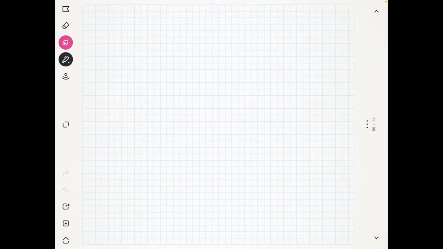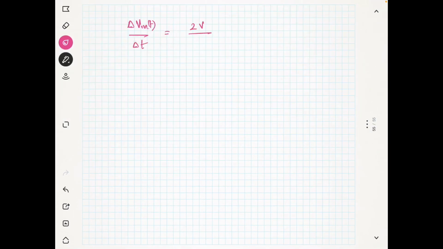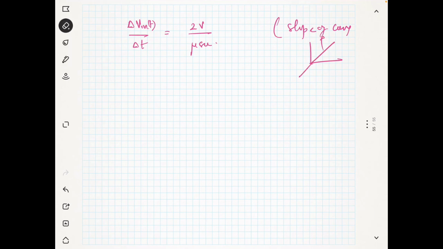Okay, now I will get delta V in of t by delta t is equal to 10 by 5, which is 2 volt per microsecond. So this is the slope. Actually this is basically the slope of that curve. It is giving the slope of this curve.